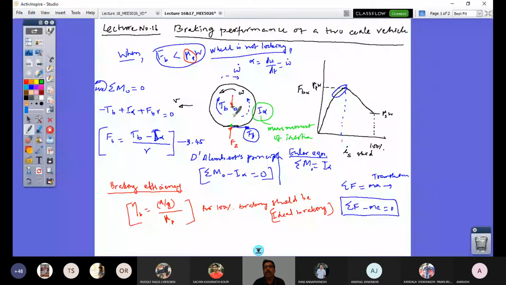Supposing you take this I value as the rotational inertia of the wheel at the wheel center, then I would also have another inertia force due to the linear acceleration of the wheel center, in the forward direction. I have not explicitly shown that on this diagram because the I value drawn here is the mass moment of inertia with respect to the contact patch center.